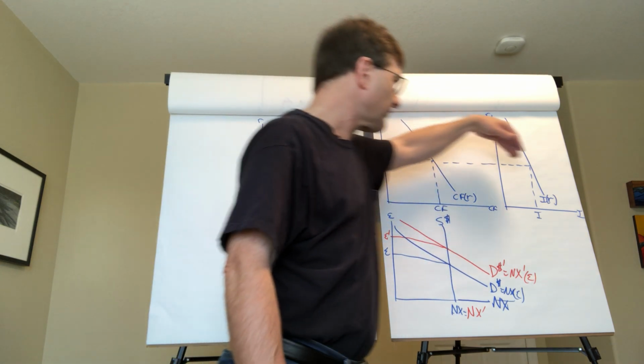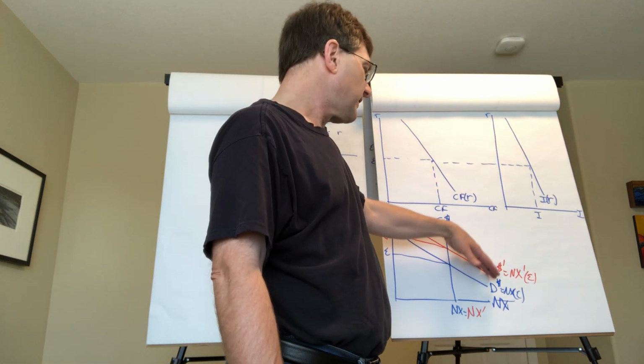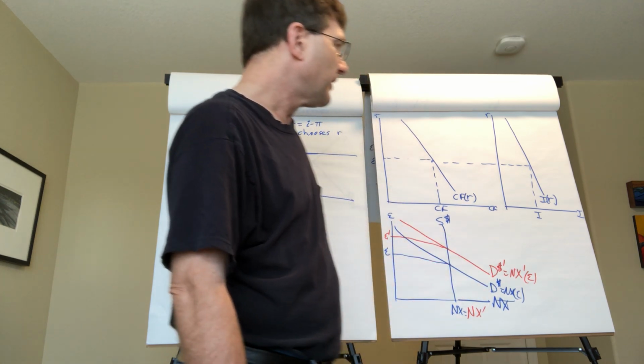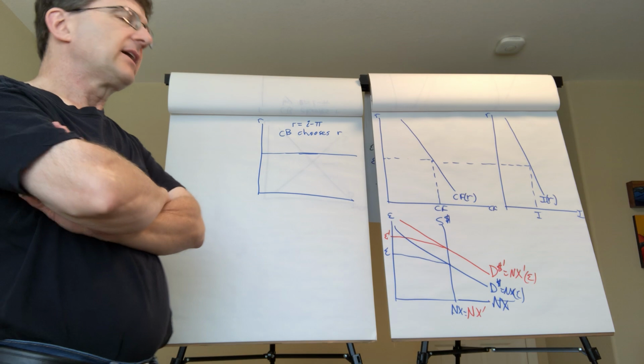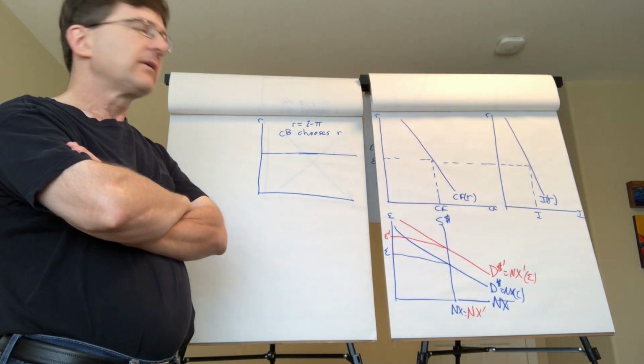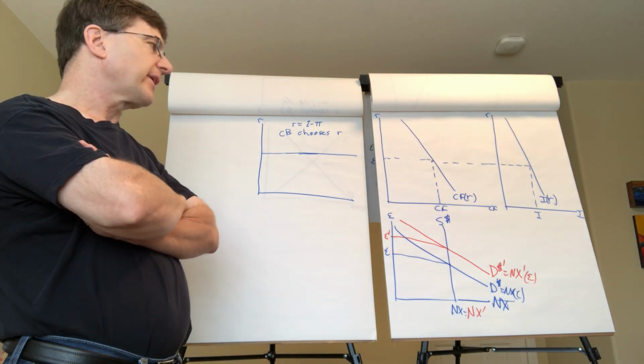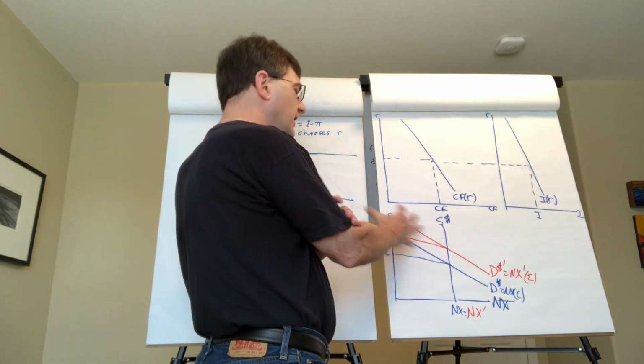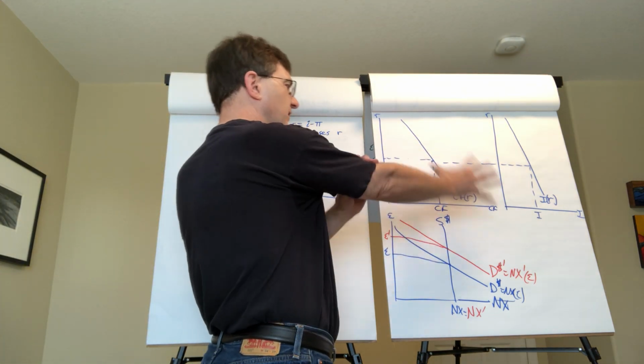So these curves, before and after, have the same fundamental nature in the short run and the long run. They're basically the same curves. And so I don't have to change anything over here.